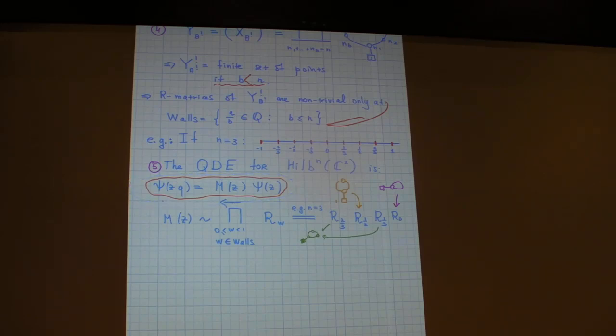So the quantum difference equation for the Hilbert scheme looks like this, where this matrix M is given by a product of R matrices for cyclic quiver varieties, but it's interesting that these are R matrices in different varieties, right? So we have two factors here corresponding to walls 1/3 and 2/3, which are cyclic quiver varieties with 2 vertices, and one wall which is the R matrix for the Hilbert scheme.